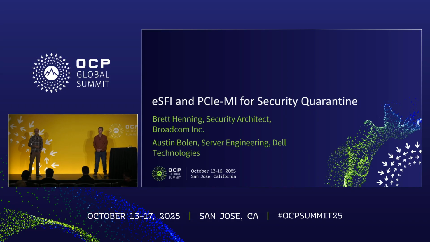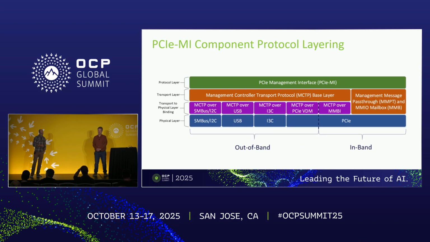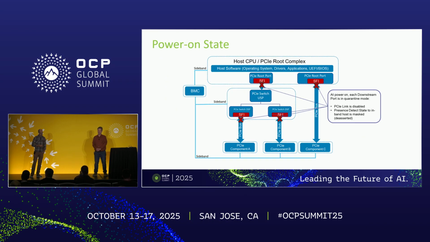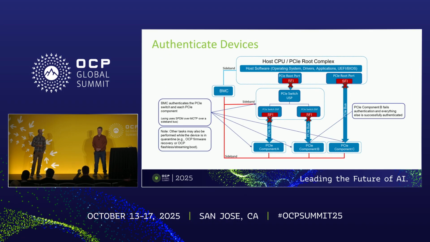Hi, thanks for the presentation. I'm really excited about this one. If you could go to that authenticated devices slide, I'm wondering, how does the BMC know the topology in terms of saying, I need to authenticate this device before I lift the upstream device out of quarantine? Good question.